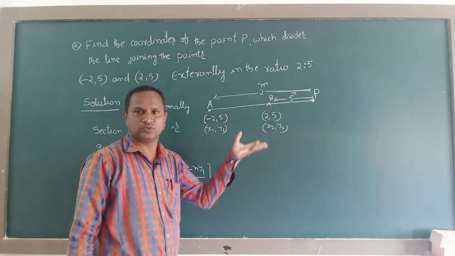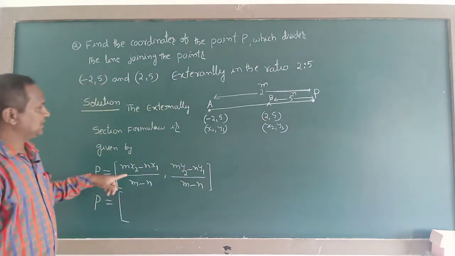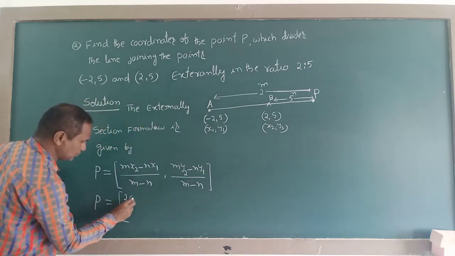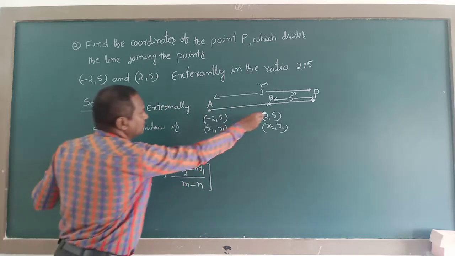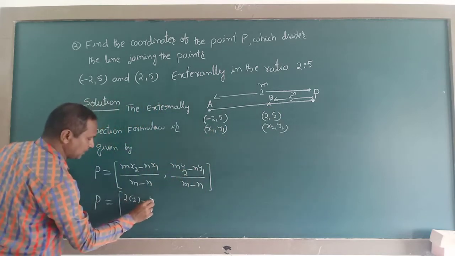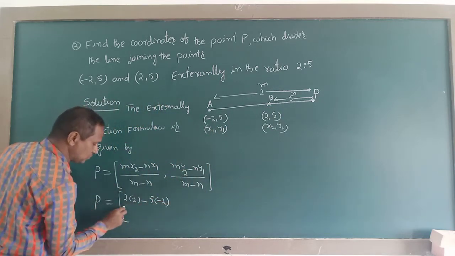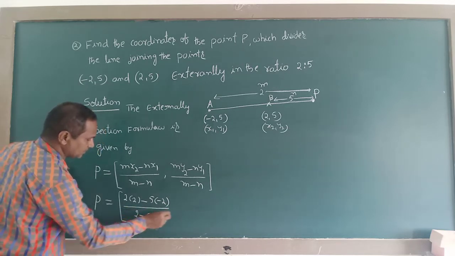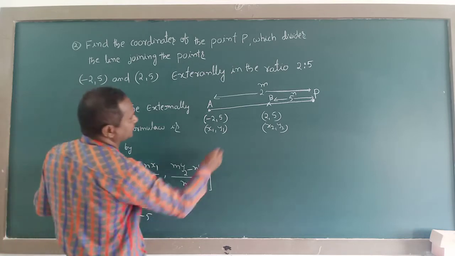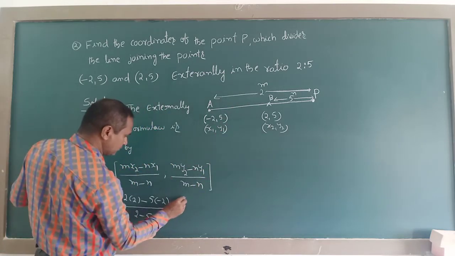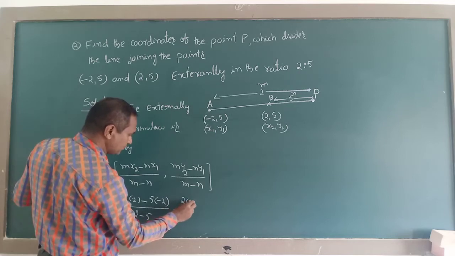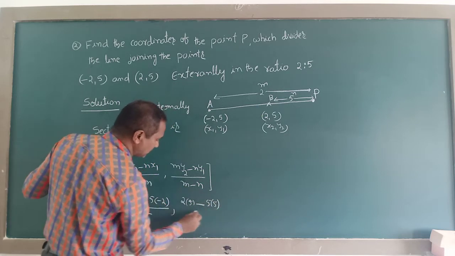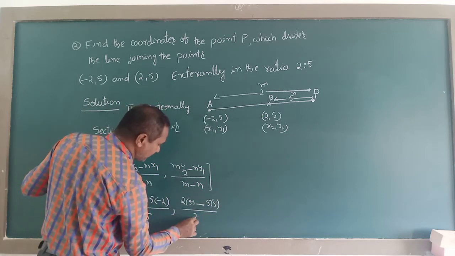See here, m x2 is 2 into 2, minus n x1, 5 into minus 2, whole divided by 2 minus 5, comma, next m y2, 2 into 5, minus n y1, 5 into 5, whole divided by 2 minus 5.